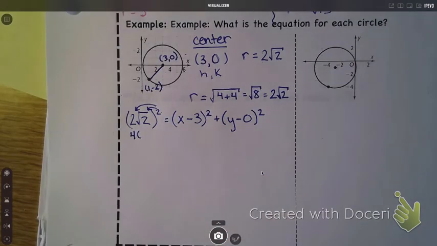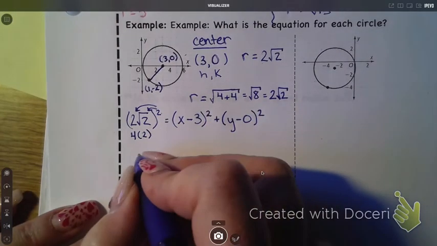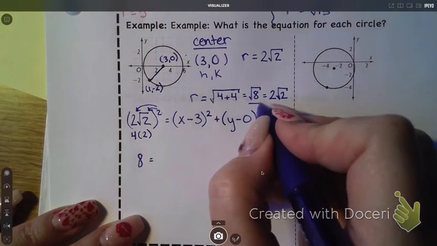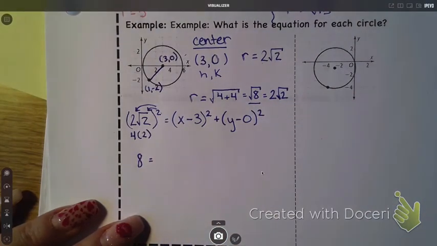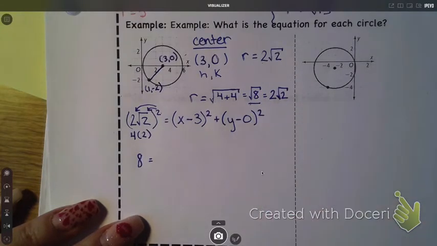The square root of 2 squared is 2. And so the whole thing is what? 8? Guys, we got the square root of 8. What's the square root of 8 squared? 8. So could you have come back to the square root of 8 and used it? Yeah, but I mean, it didn't tell you that.